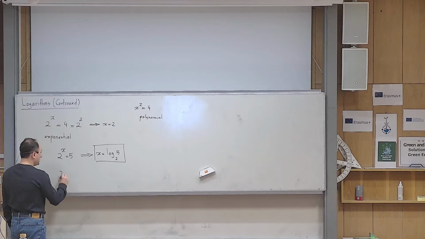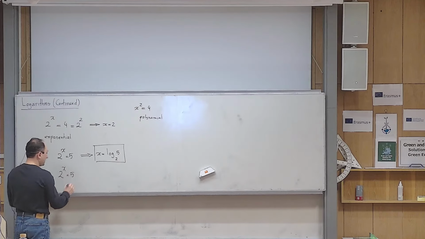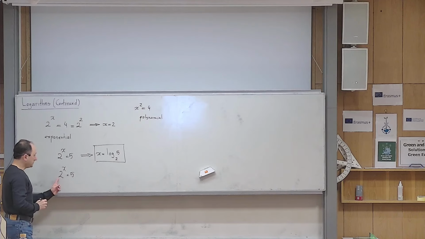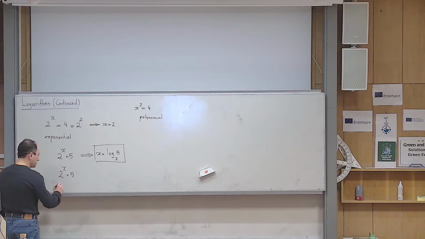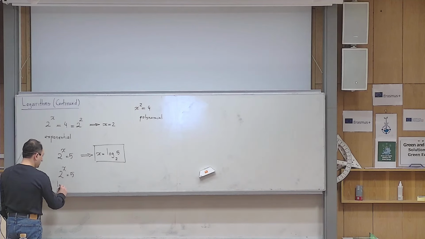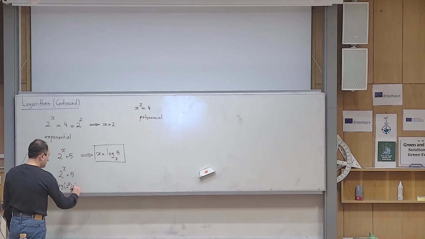So it says that, okay, 2 to the x is equal to 5. If this number is supposed to be equal to this number, then the logarithm of this number should also match with the logarithm of that number. So the book says that the log of 2 to the x is also equal to log of 5.